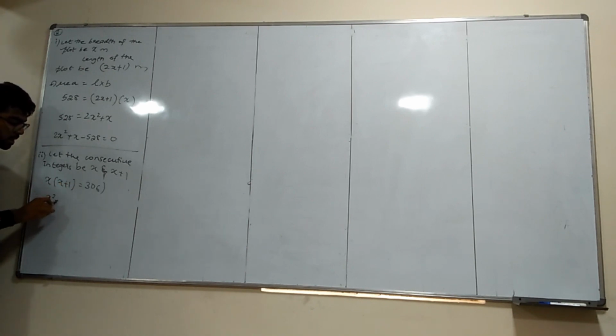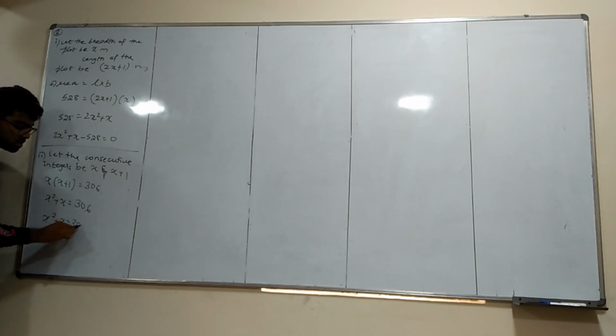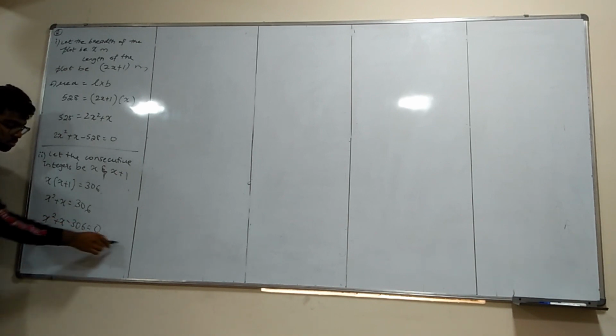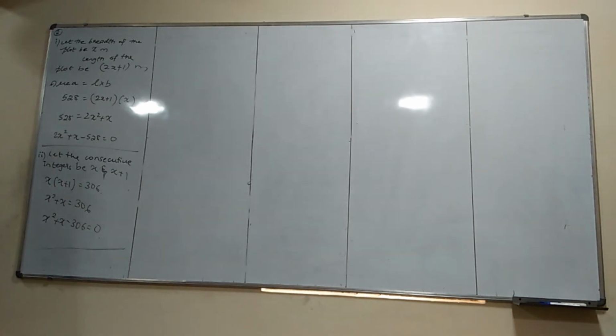So x square plus x is equal to 306. So x square plus x minus 306 equals 0. That's it. Clear? Doubts? No doubts? Okay. Do we have time?